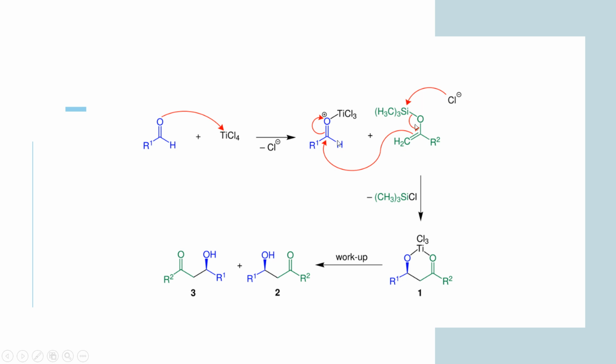Okay, so after this activation step, what happens? The silyl enol ether undergoes nucleophilic addition to this activated carbonyl group. Okay, like if you see, in the first step we knocked out the chloride anion, and this chloride anion is going to attack at this silicon atom of silyl enol ether. And the driving force of this attack, if you ask, you always remember silicon fluoride and silicon chloride bonds are highly stable and strong bonds.